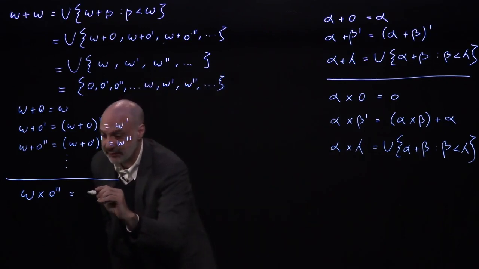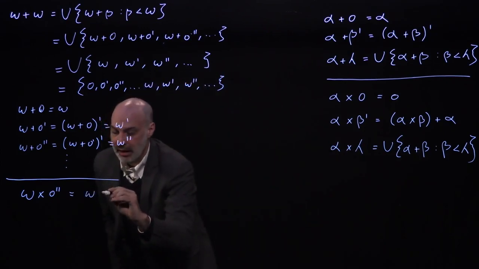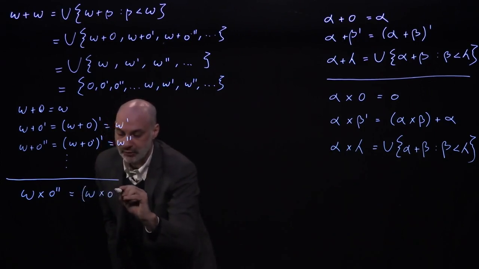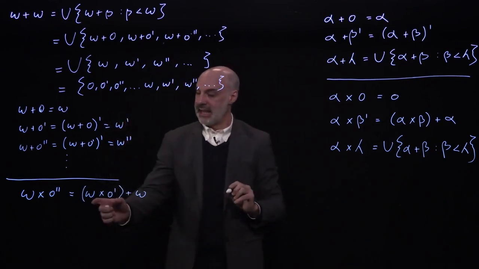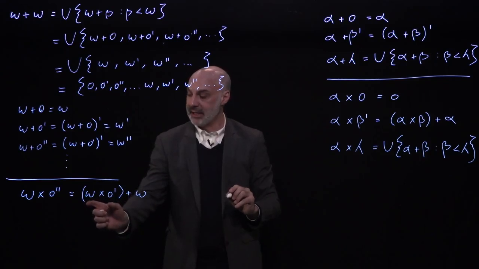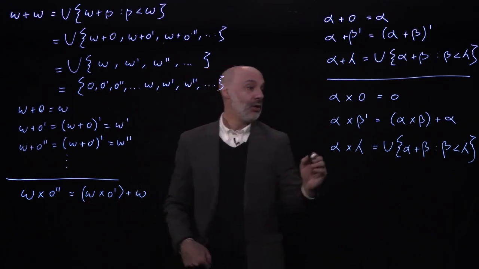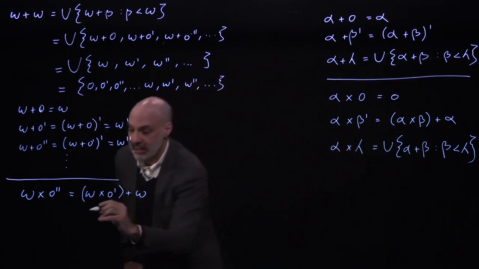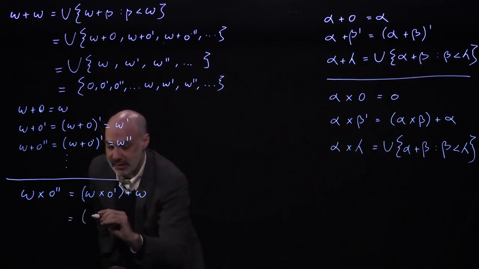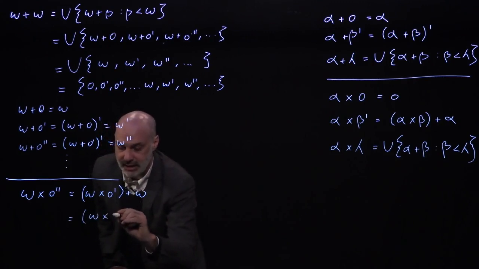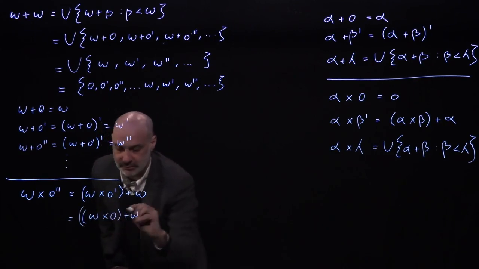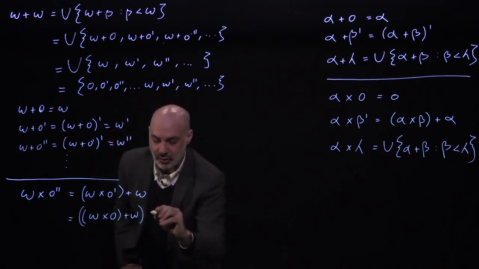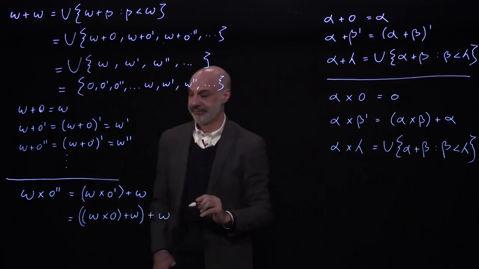So by our second clause, omega times 2 is omega times 1 plus omega. And then what about omega times 1? Well, again, by our second clause, that's going to be omega times 0 plus omega. And then we add the omega that we had from before.